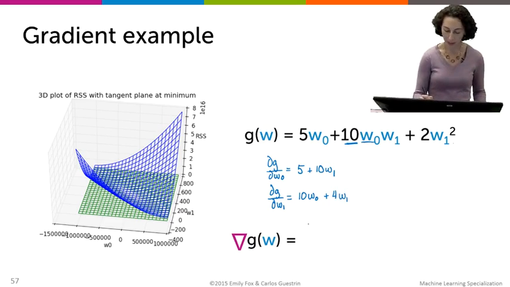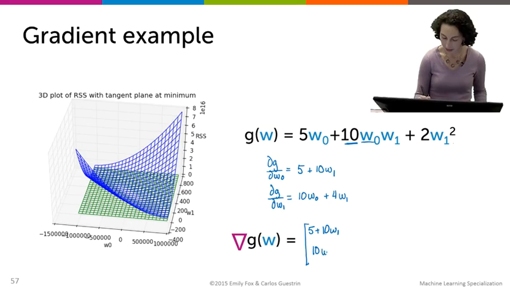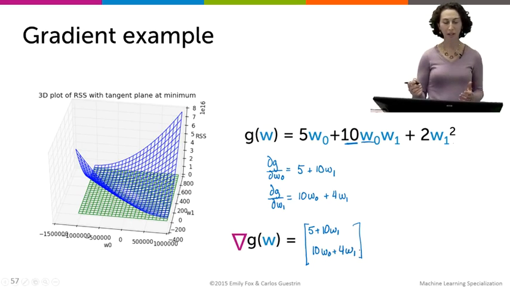Okay, so my gradient of g is going to be 5 plus 10 w1, 10 w0 plus 4 w1. So what does this mean?